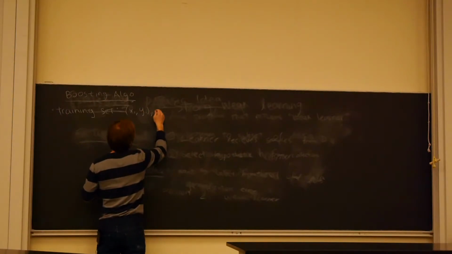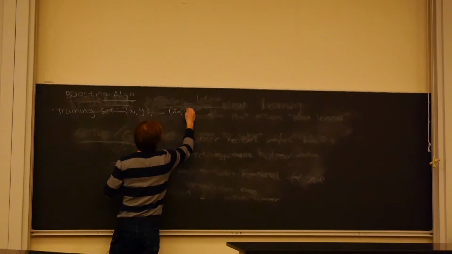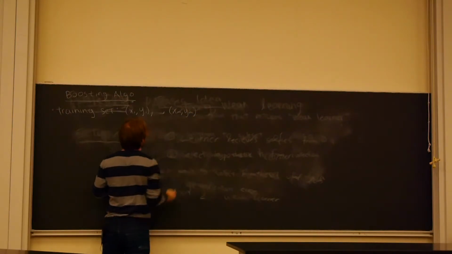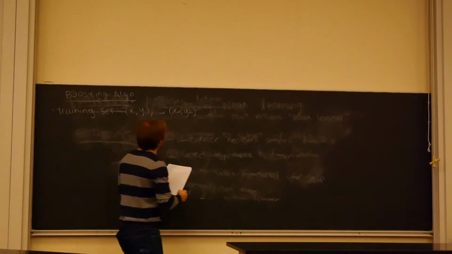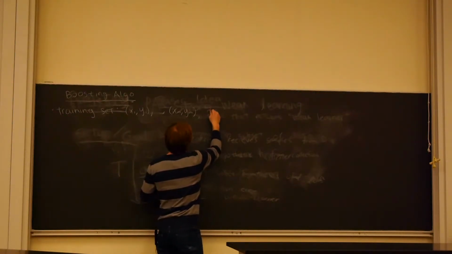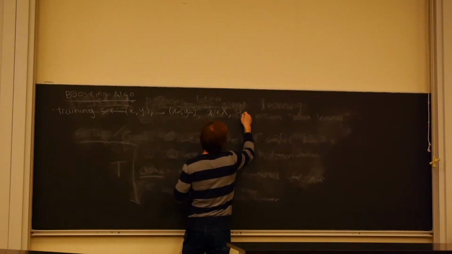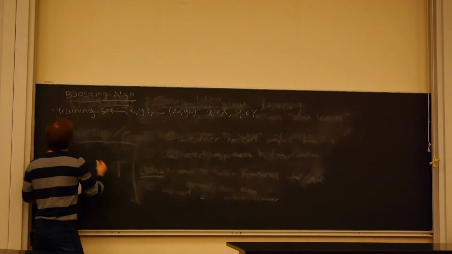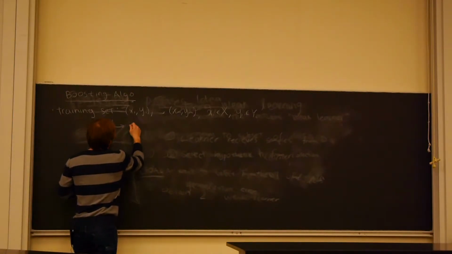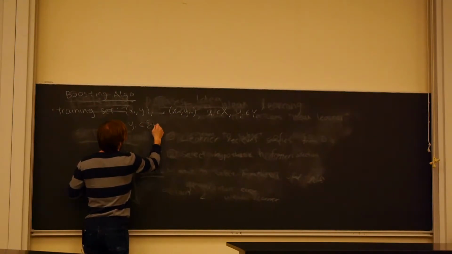So this is x1, y1 through xm, ym, where let's say that all xi's are in some sort of set called capital X and all yi's are in some set called capital Y. And let's also assume that each of the yi's is either -1 or 1.